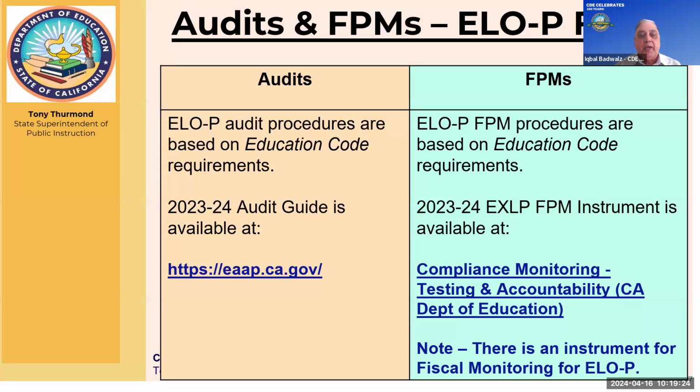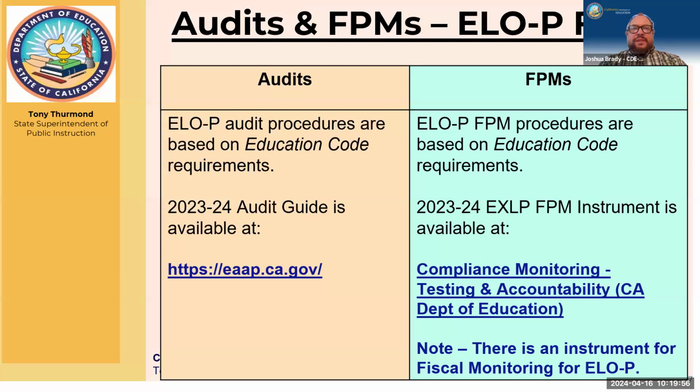In addition to this, we have independent auditors representing the field. They all get together and continue to work on compiling the audit guide procedures. Your 23-24 audit guide was posted on July 1st at the link that is shown on the Education Audit Appeals Panel's webpage. This audit guide, once it's approved by the Education Audit Appeals Panel, becomes California Code of Regulations.